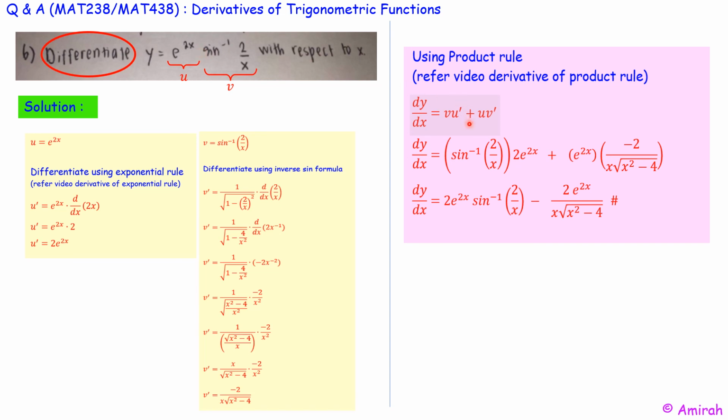So, wajib differentiate guna exponential function, ataupun exponential rule. Okay. Tapi semasa kita mencari v prime tu, kita kena guna derivative of inverse sine. Okay, masa kita differentiate u ni, masa kita cari u prime, kita kena differentiate guna exponential rule. Alright? So, this is the final answer after we differentiate this. Okay, with respect to x.